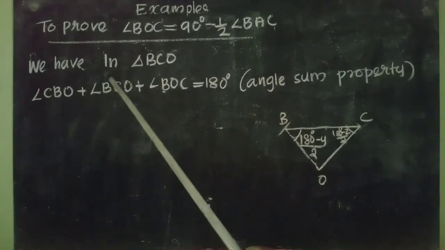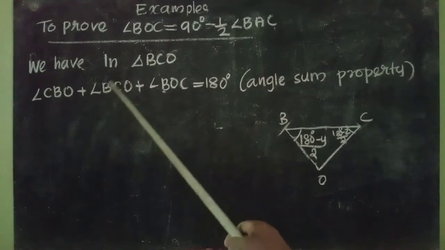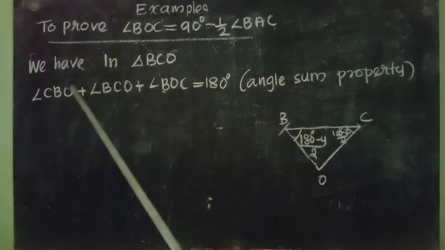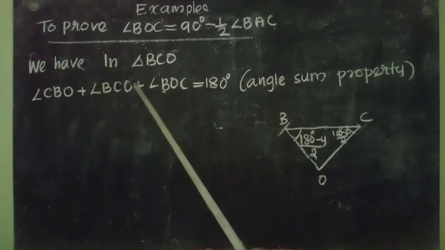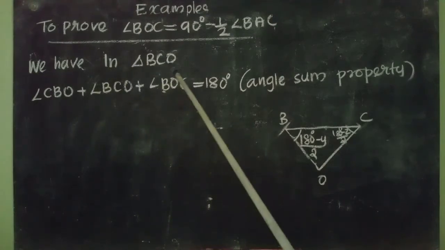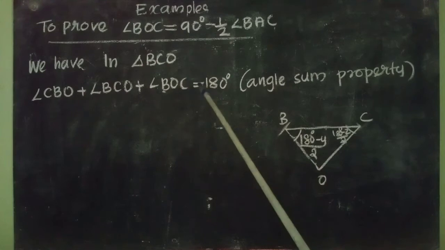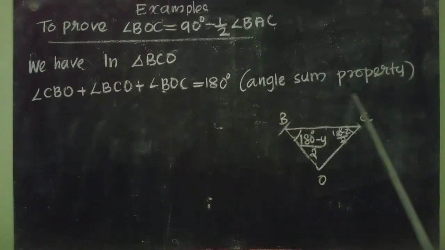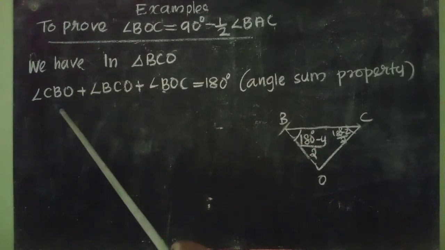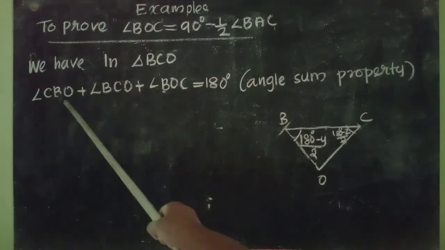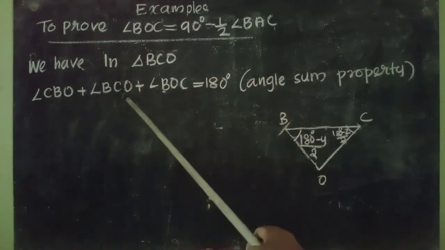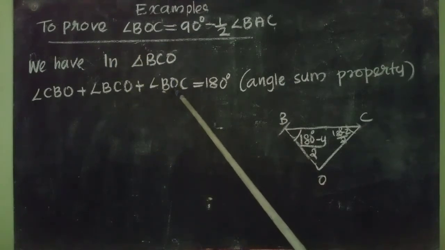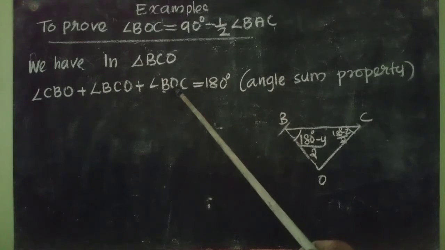So let us write, we have in triangle BCO, angle CBO plus angle BCO plus angle BOC equal to 180 degree. Angle sum property. Angle CBO means it is angle B. Angle BCO means it is angle C. Angle BOC means it is angle O.